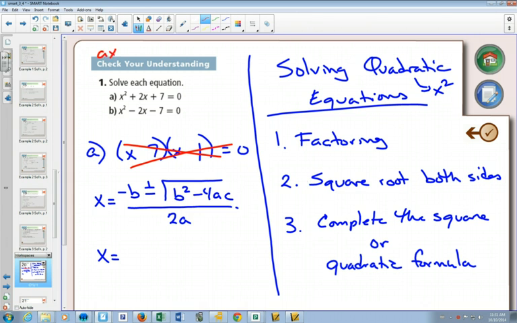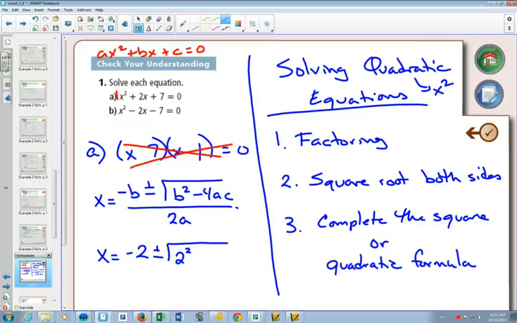So we got ax squared plus bx plus c equals 0. In this one, there's a 1 there, even though it's not written. So our a value is going to be 1, our b value is going to be 2, and our c value is going to be 7. So all we have to do with the formula now to solve this is put in negative 2 plus or minus 2 squared.